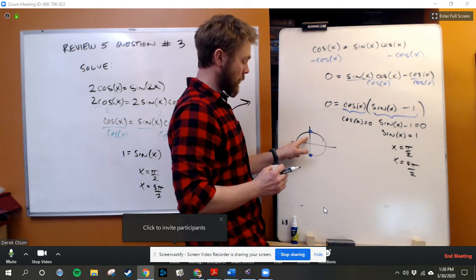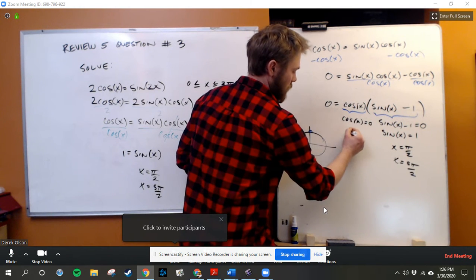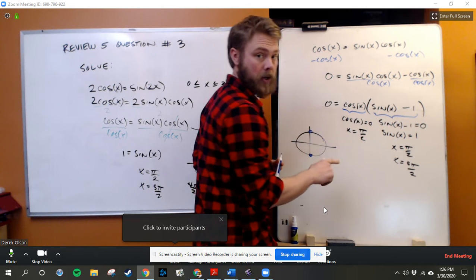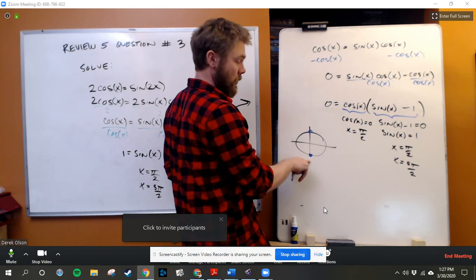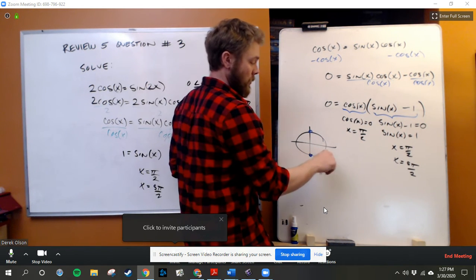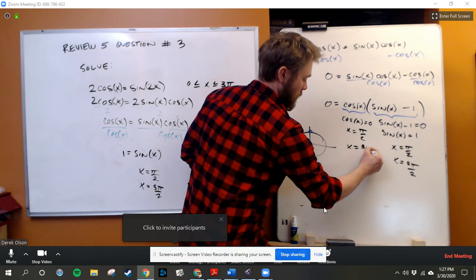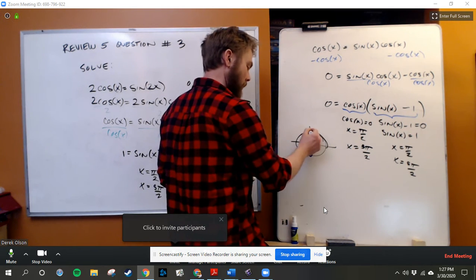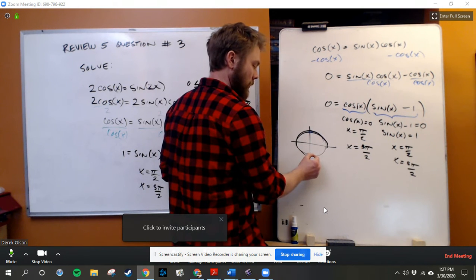So pi over 2, which also works over here, so it's a redundant answer. And then down here, in between pi and 2 pi is 3 pi over 2. Okay, so that would be pi over 2, 3 pi over 2.